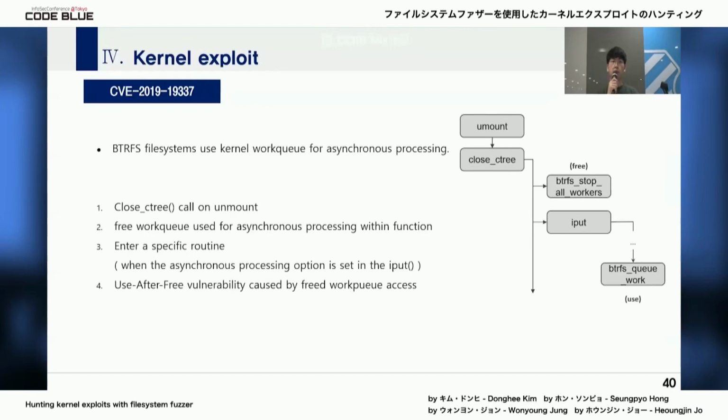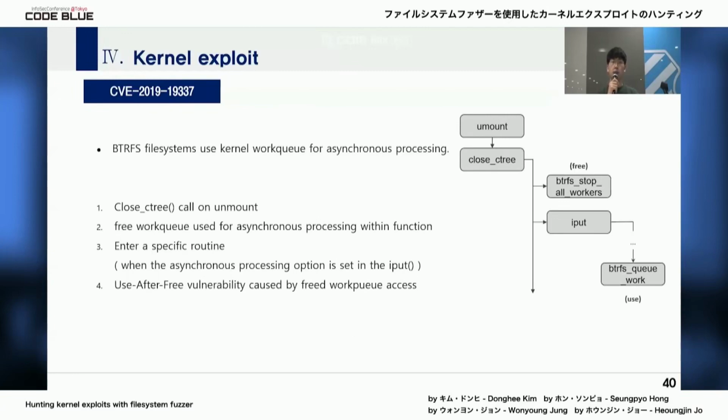First, the vulnerability is a UAF found in the BTRFS file system. In BTRFS, the kernel work queue function is used for async operation, and our work queue is released by the close function, which is called during the unmounting process.